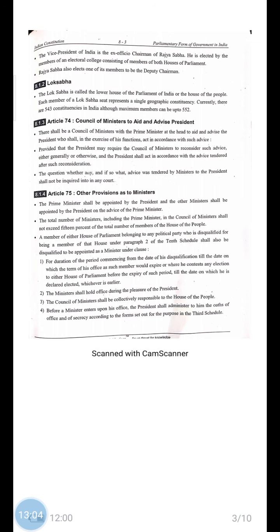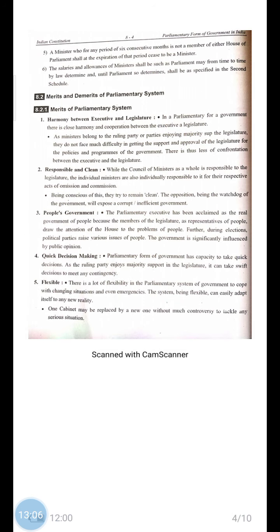પછી જોઈએ, a minister who for any period of 6 consecutive months is not a member of either house of parliament shall, at the expiration of that period, cease to be a minister, right? કે કોઈ મિનિસ્ટર કન્ટિન્યુઅસલી 6 મંથ સુધી મેમ્બર રહેતા નથી, તો એ ઓટોમેટિકલી ડિસ્ક્વોલિફાઈ થઈ જાય છે એઝ અ મિનિસ્ટર.